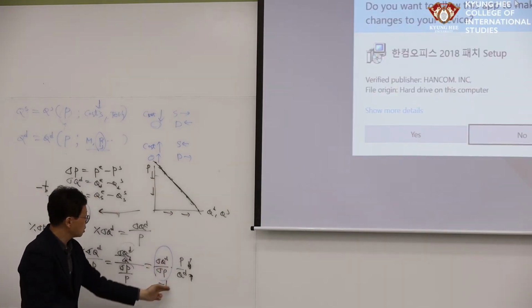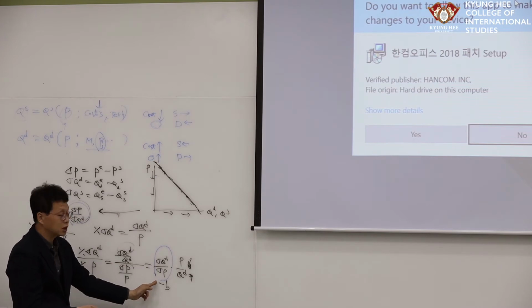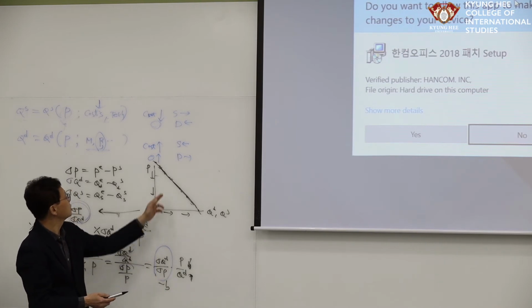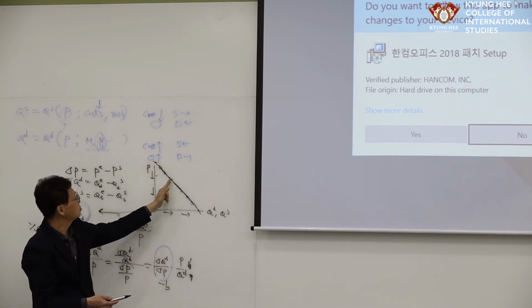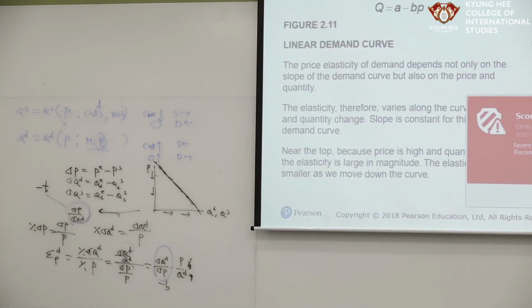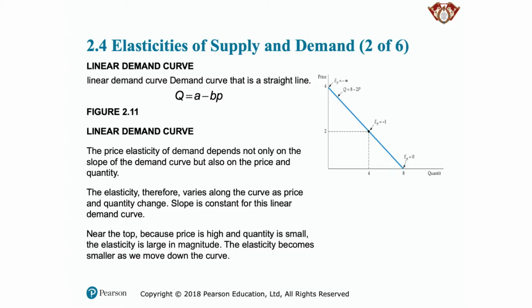So in spite of the same value of change in QD over change in price, price decreases and quantity increases as we move in this direction, so price elasticity of demand decreases and decreases. At this point, price elasticity of demand is minus infinity, at this point minus 1, at this point 0. So in absolute terms, it decreases and decreases, right?